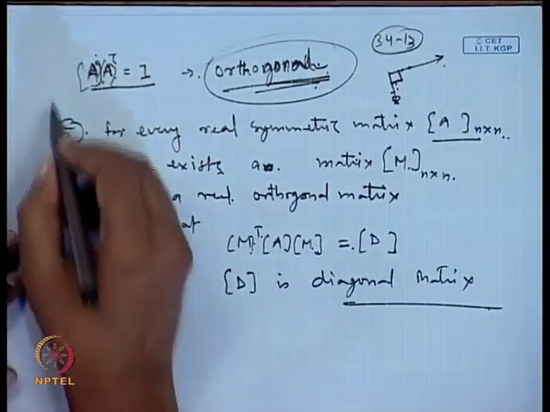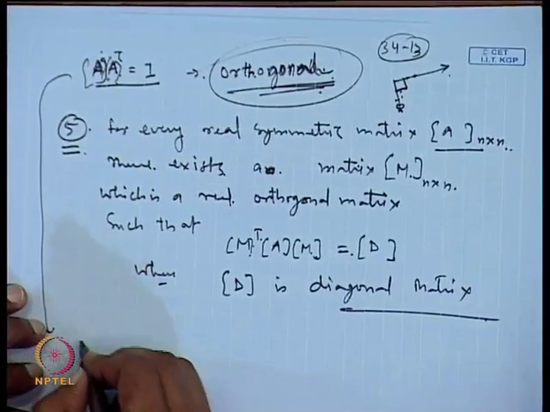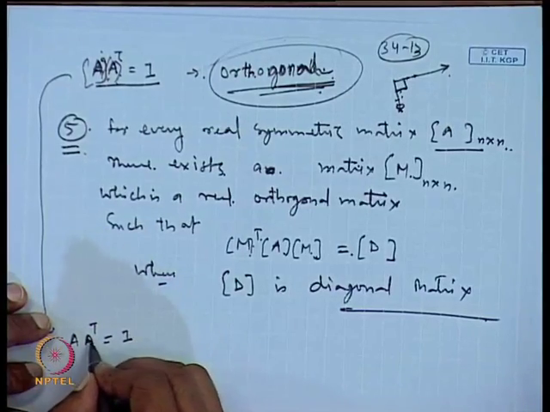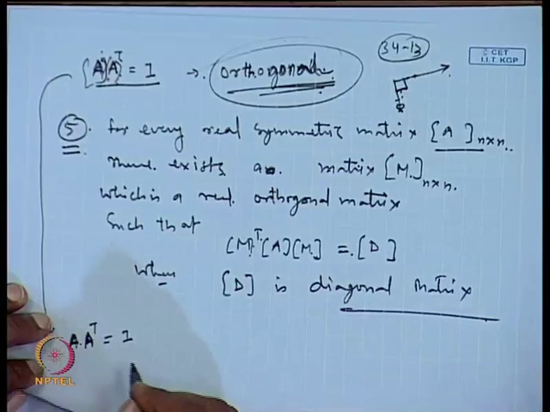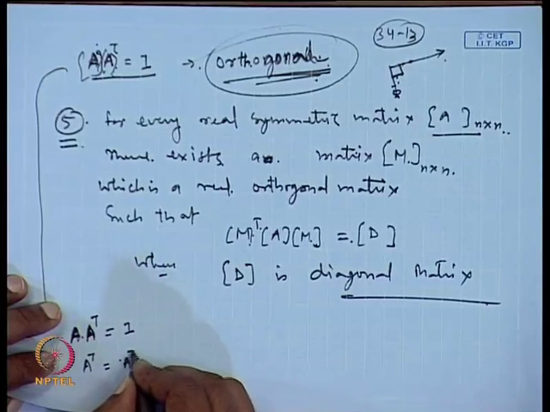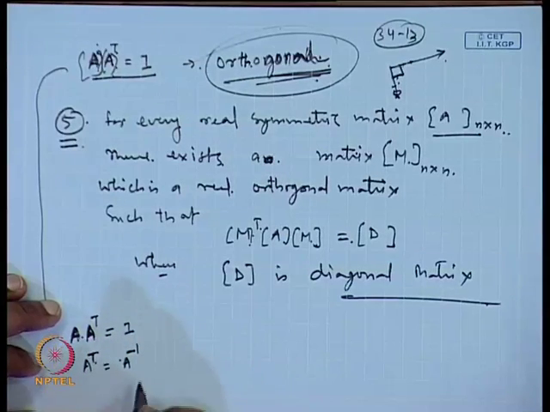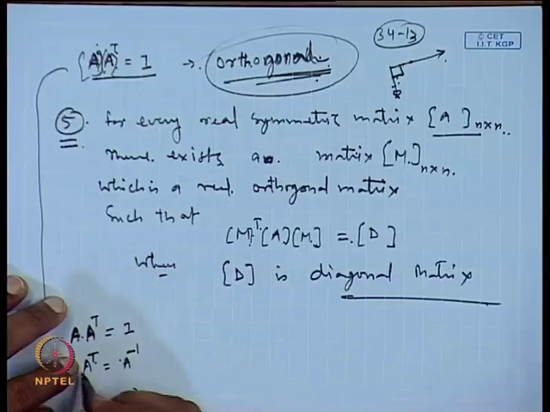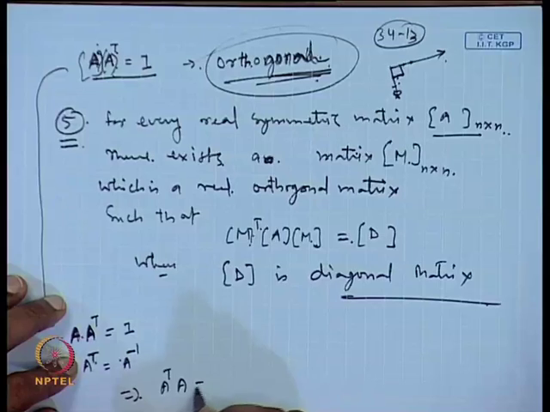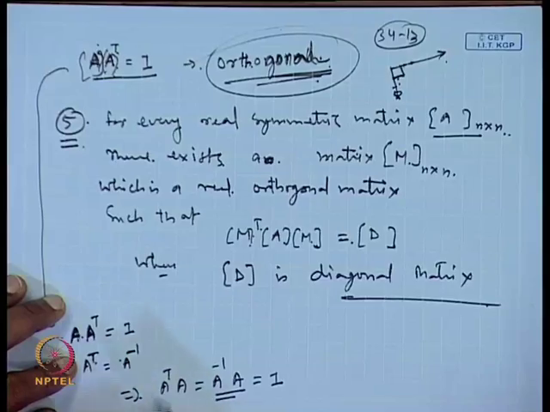And you can see from this property that if A times A transpose is equal to I, this implies that A transpose is equal to A inverse. So, if we take the product on the other side, A transpose A becomes A inverse A, and A inverse A is nothing but the identity matrix.